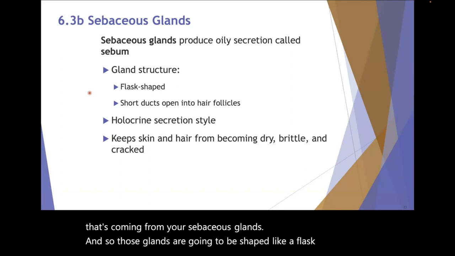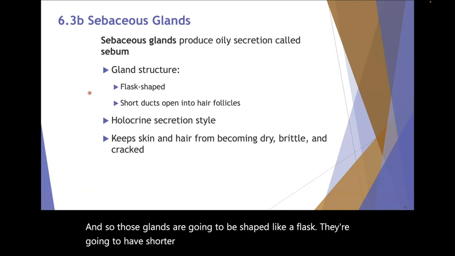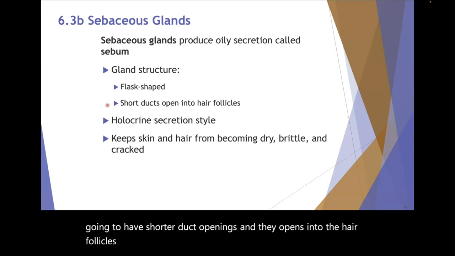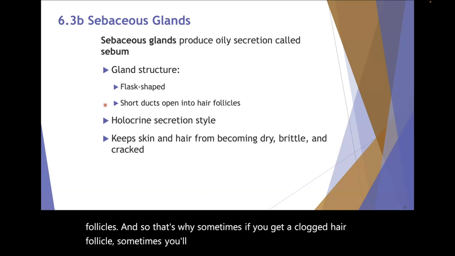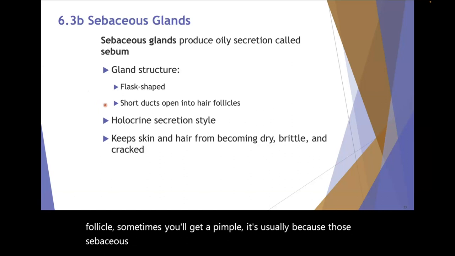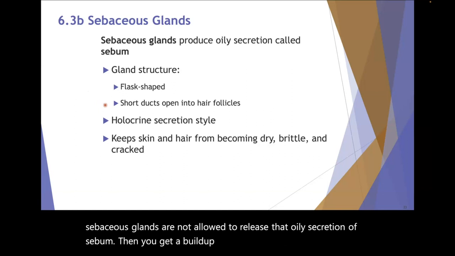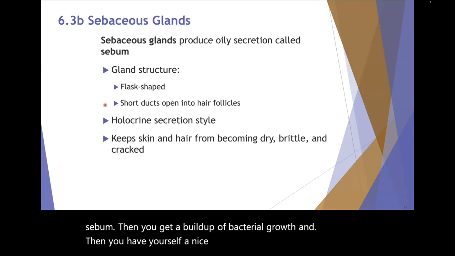They have shorter duct openings, and that opens into the hair follicles. So that's why sometimes if you get a clogged hair follicle, you'll get a pimple. It's usually because those sebaceous glands are not allowed to release that oily secretion of sebum. Then you get a buildup of bacterial growth, and then you have yourself a nice little juicy whitehead.